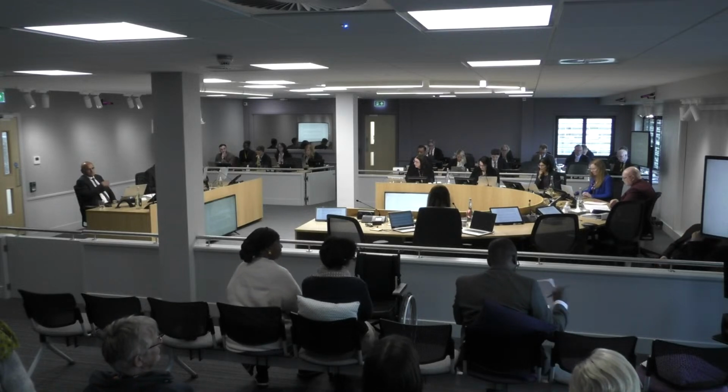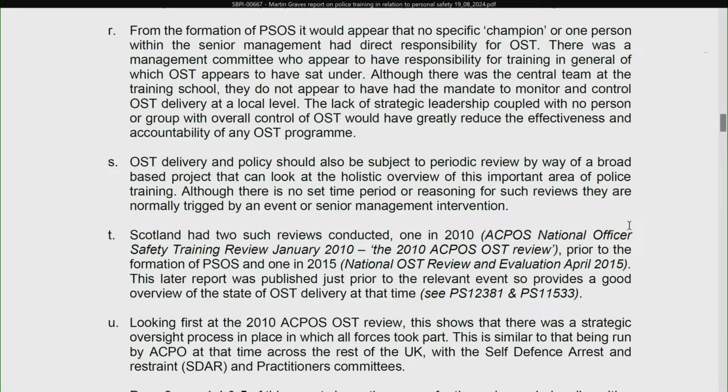And so criteria 7, someone responsible for oversight day-to-day and strategically. And R here, you see, from the formation of Police Scotland, that would be on 1st of April 2013. It would appear that no specific champion or one person within the senior management had direct responsibility for OST.